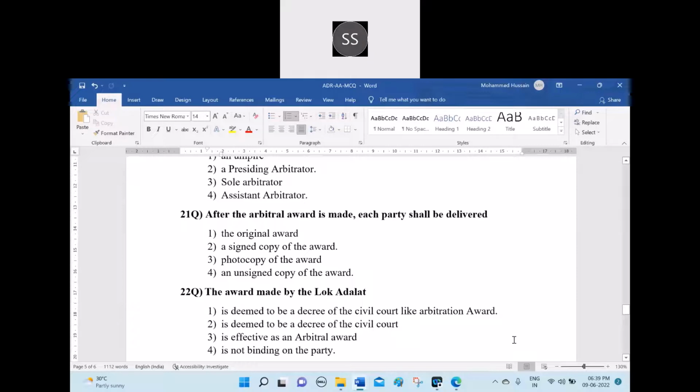I don't know why it is given, but the first is the right answer. Like arbitration award, they compared it, but it is deemed to be the decree of the civil court. When 'like arbitration award' is there as an addition, then you can choose the first one, not the second one.